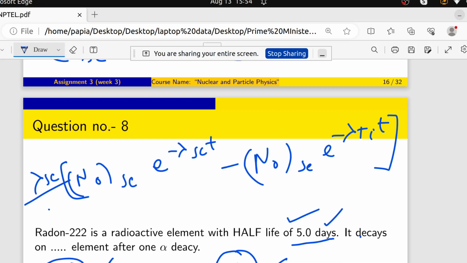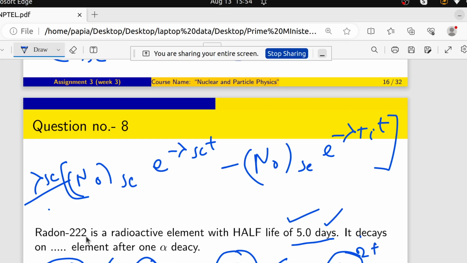So here you can see that alpha is nothing but helium 2-4. That alpha 2-4 we can write like that. It is an alpha nucleus, basically helium nucleus, 2 plus. So what will happen here?